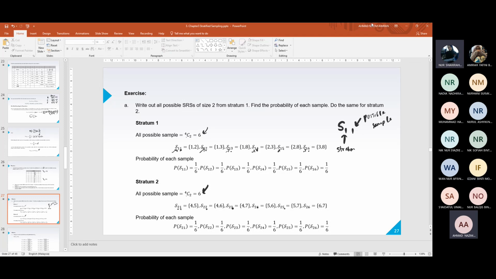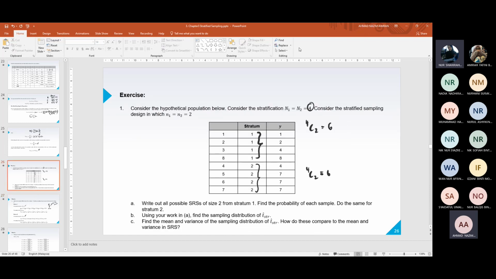Now let's look at the table back. Now, we have 6 possible samples. If you list out the 6 possible samples, sample number 1 is 1 and 2. You have to remember what Haris explained in our last class when we discussed the assignment.